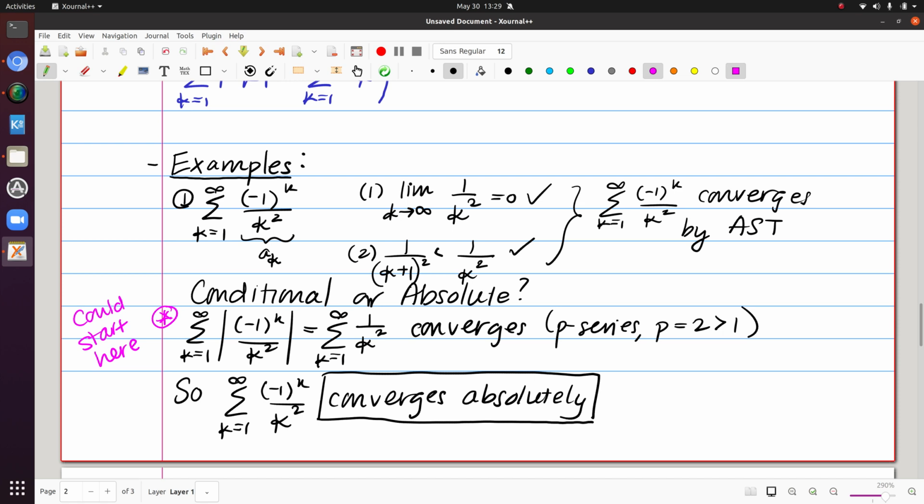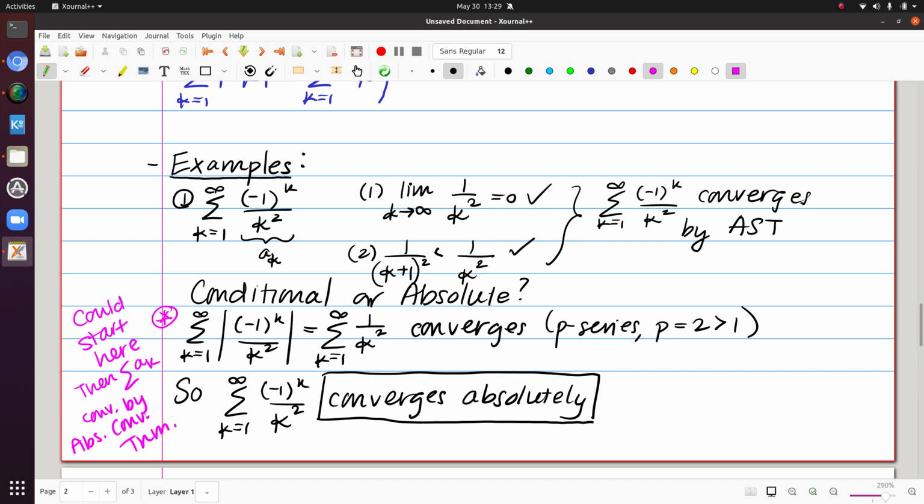If I show, like we did here, that the sum of the absolute value converges, then you automatically know that the original one converges by the absolute convergence theorem, which you could reference, and then you wouldn't have to use the alternating series test. So this would also be a suitable way.